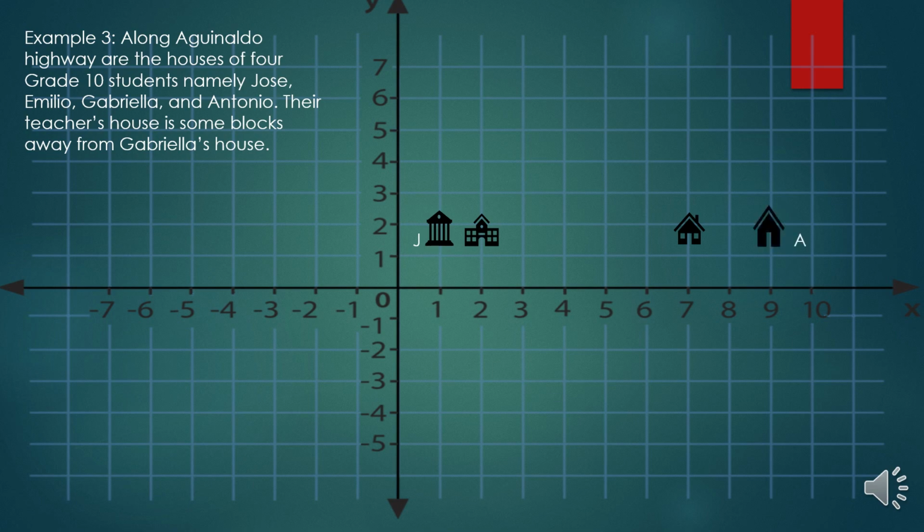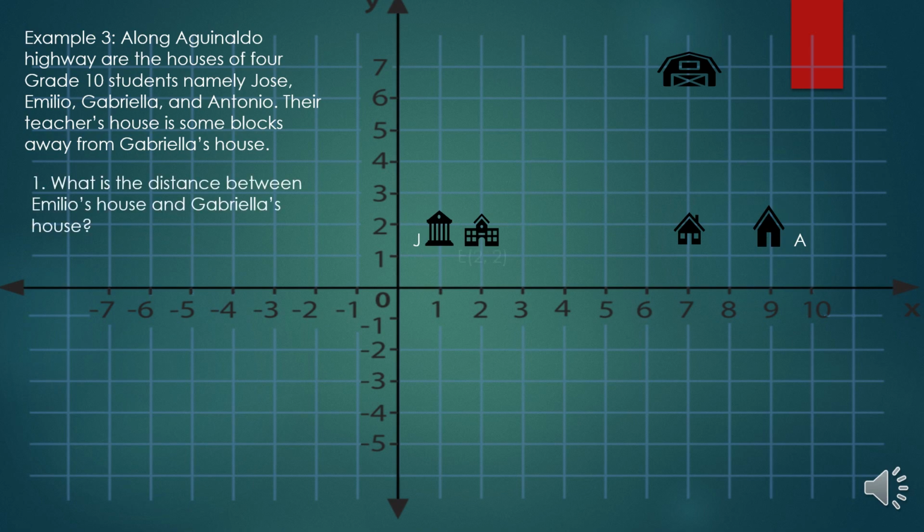First, we have to find the coordinate points of Emilio's house using the grid of our xy plane. So we have now the coordinate points of Emilio's house. X is 2 and y is 2 also. This will be now our x sub 1 and y sub 1.